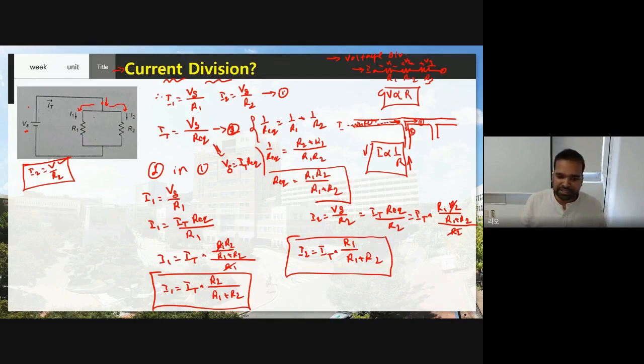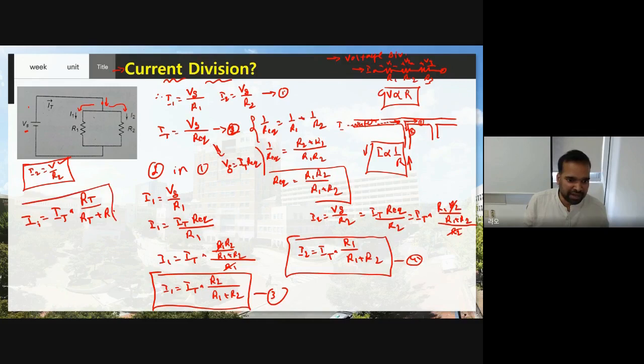Now by using these formulas, equations 3 and 4, we can write one final equation, that is I is the current at ith element, okay, current at ith element, and IT into RT by RT plus RI. This is the final formula of current division.